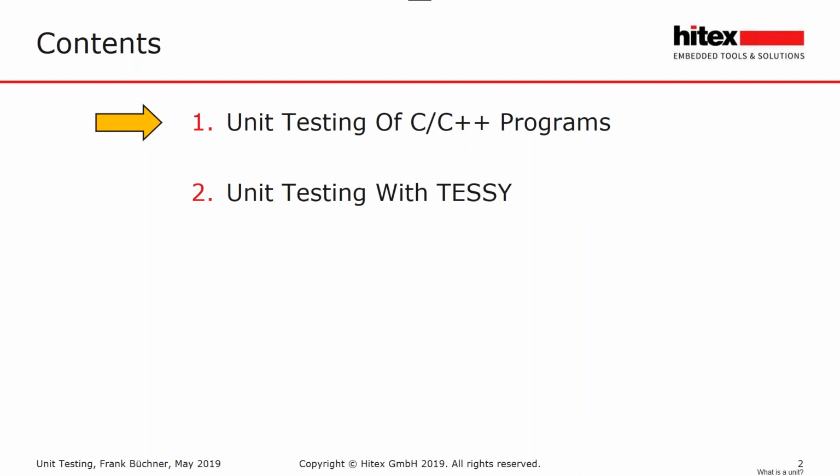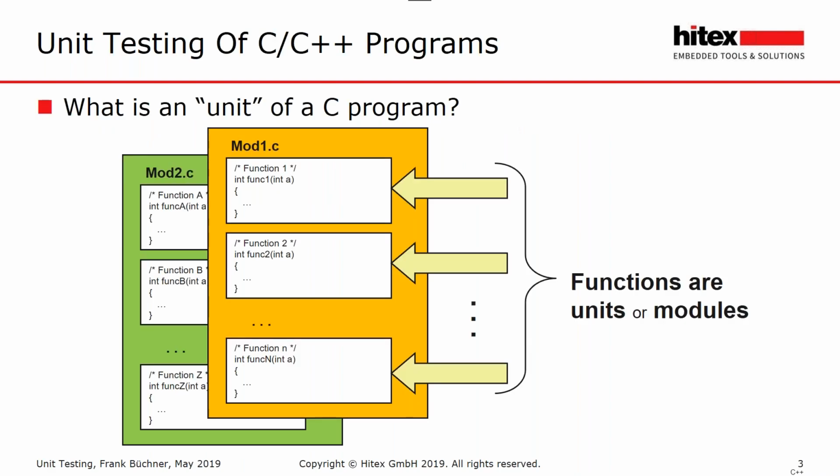Okay, the first question when we talk about unit testing is: what is a unit? This depends on the programming language, in my opinion, and because we talk about C and C++ programs, first, what is a unit of a C program? In my opinion, the C functions are the units that we are testing during unit testing.